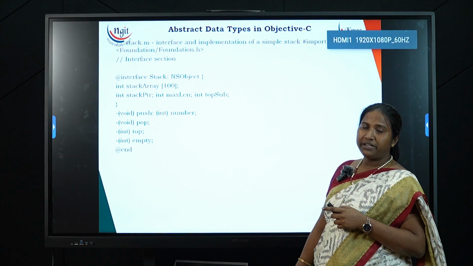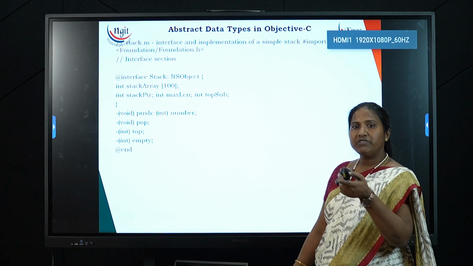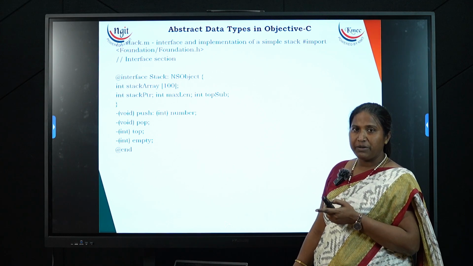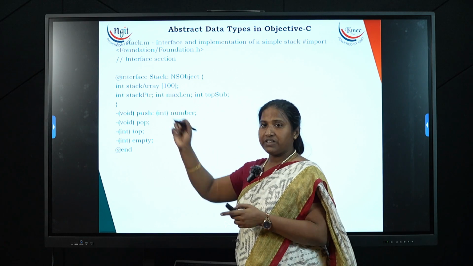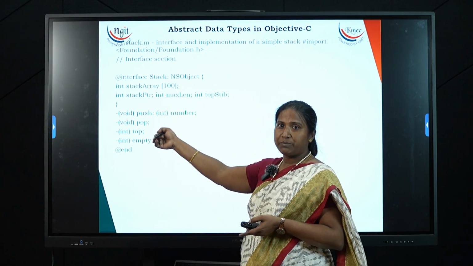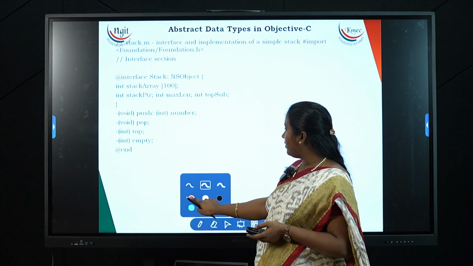This is the implementation program, the way we saw in the previous programming languages. We are taking the same example according to the syllabus: stack operations implementation. We have taken @interface, and this interface is going to have the declaration part. Whatever data members we have will be defined inside the block.